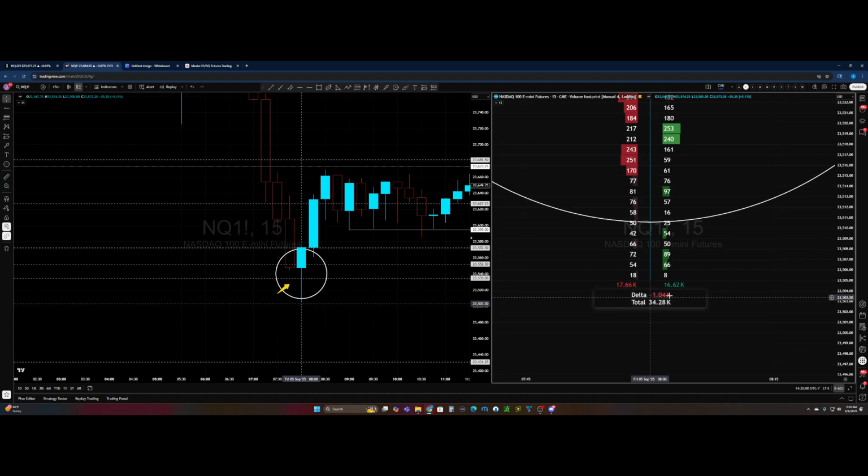The delta is a negative 1,004 contracts traded. What does a negative delta mean? It means that there were more sellers than buyers. But question, if there were more sellers in this specific candle based on the numbers, why is the candle ending up green?